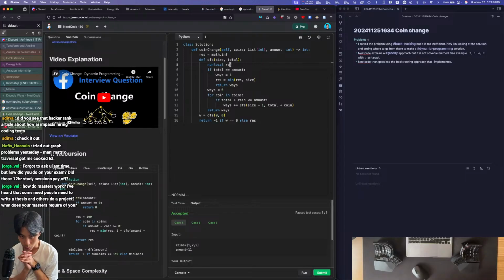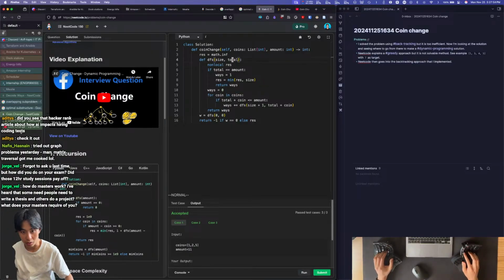So it's a subproblem of coin change. Given the current size, or you can just not include this current size at all and consider it as just an amount. Say DFS of a current amount.